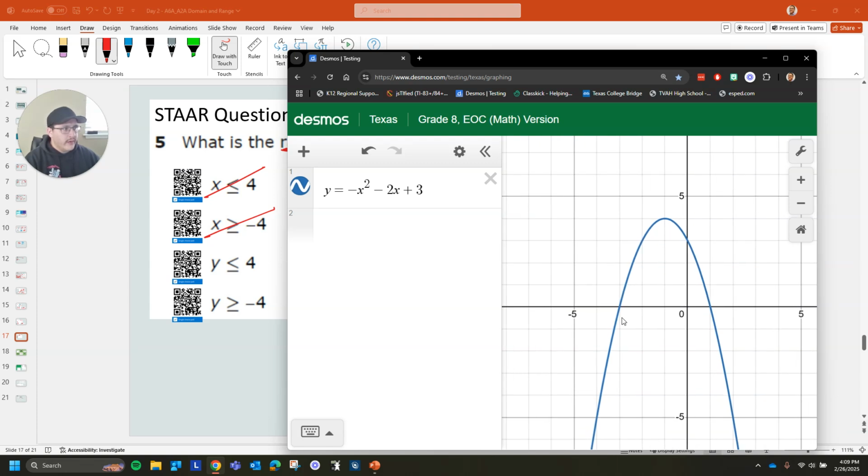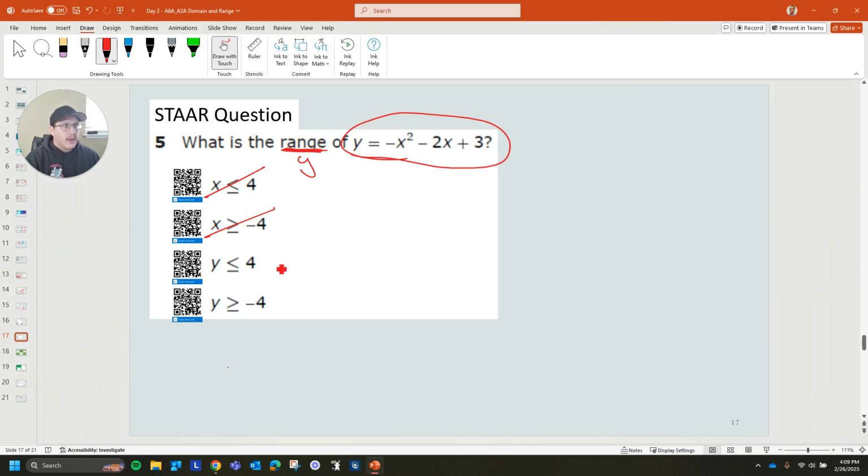Now I want you all to notice where this equation is and the orientation of it. Specifically where the vertex is, because you're going to base everything off of that vertex, the y value of that vertex. What is that y value of the vertex? It's 4, positive 4. So let's look at the answer choices. The only one that involves positive 4 is that third one right there.